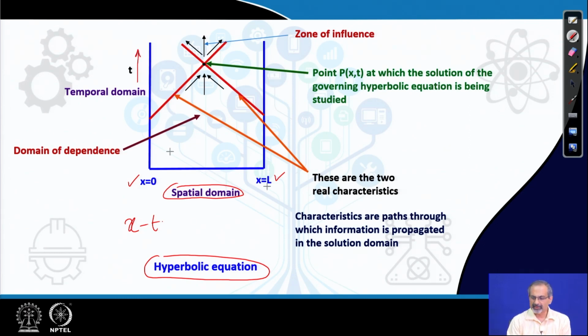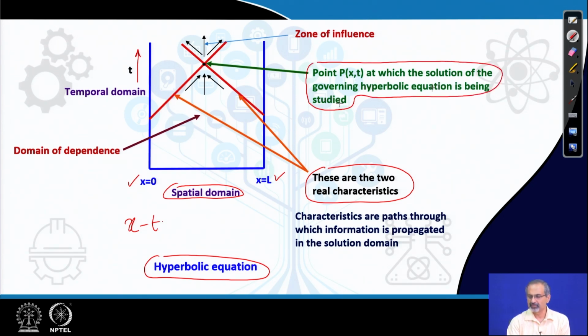You can see 2 characteristic lines, which are the real characteristics we have been talking about, and if you are looking at a point P which has coordinates x t in this plane, at which you are trying to obtain the solution of the governing hyperbolic equation, then you find that these characteristics are defining a so called domain of dependence, which is propagating information into that point, and the solution at that point is dependent on this domain of dependence.